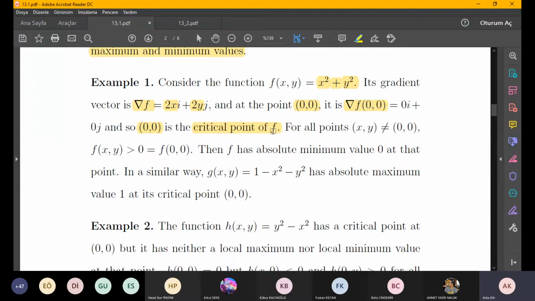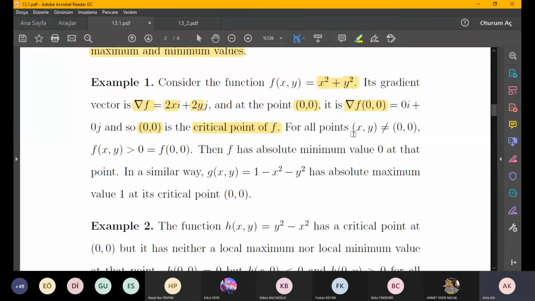And the function x squared plus y squared is defined for all points on the xy plane, right? So for all (x,y) in R squared, f(x,y) is defined.